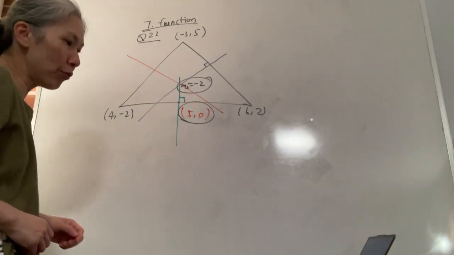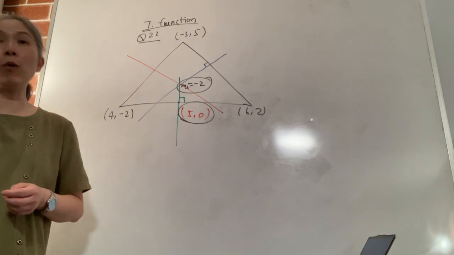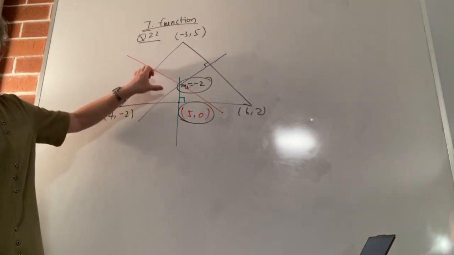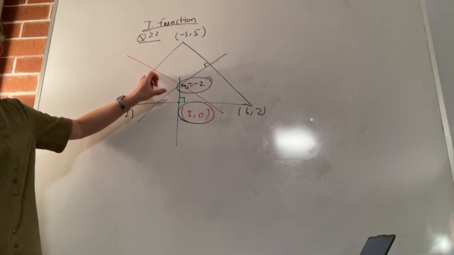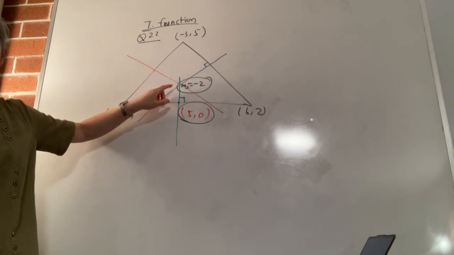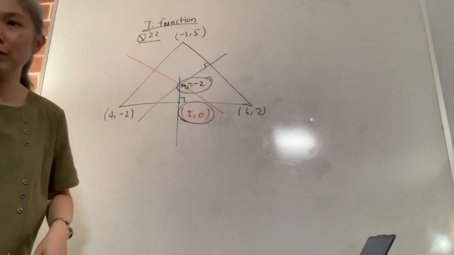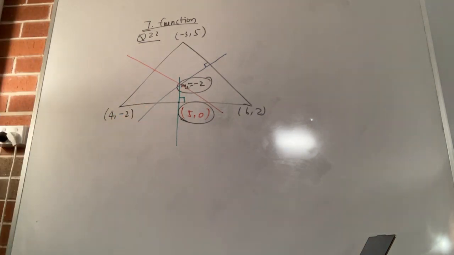Okay, then part 2, where you are going to show that they meet at the same point. So you have 2 equations. Use any 2 equations to solve simultaneous equations to find the coordinates.